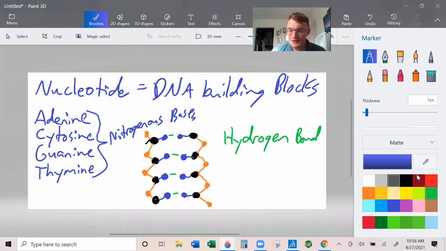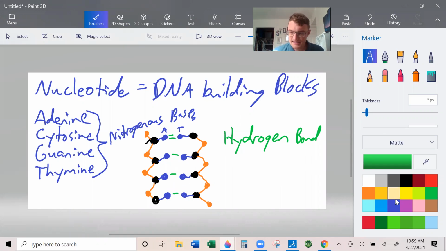So adenine and thymine make two hydrogen bonds between each other. So if this was an A base right here, so let's say that was an A, and this one's a T, then they're going to make two of these little hydrogen bonds in between them, okay?